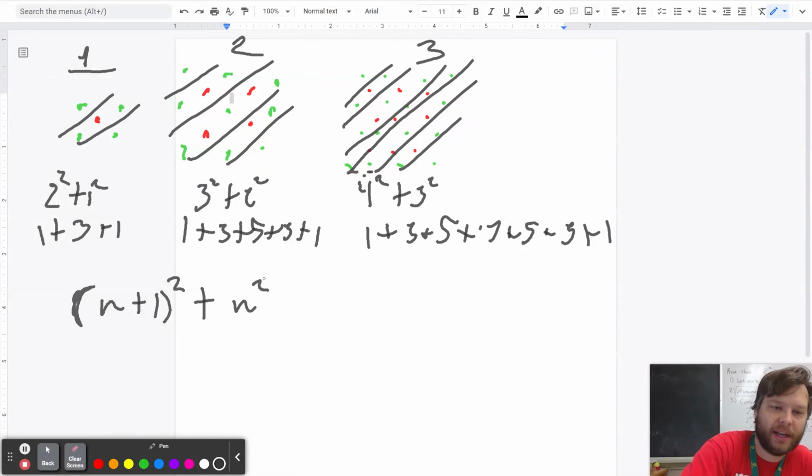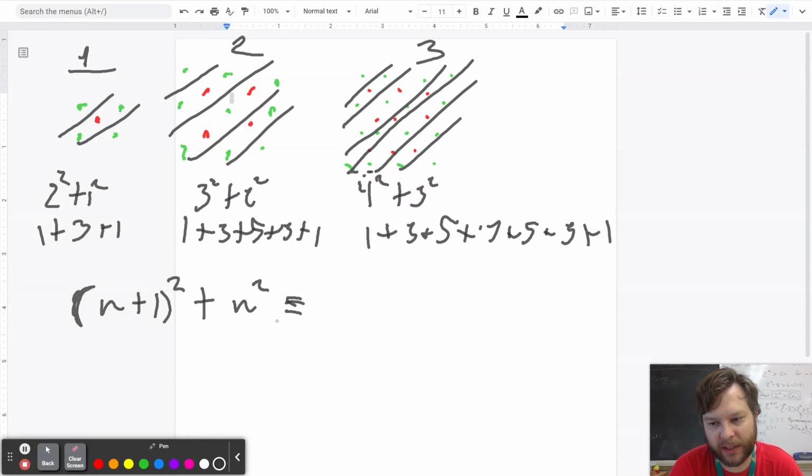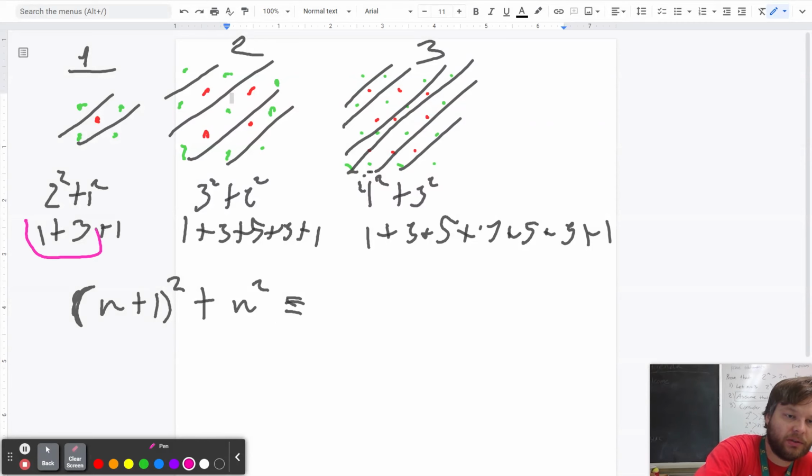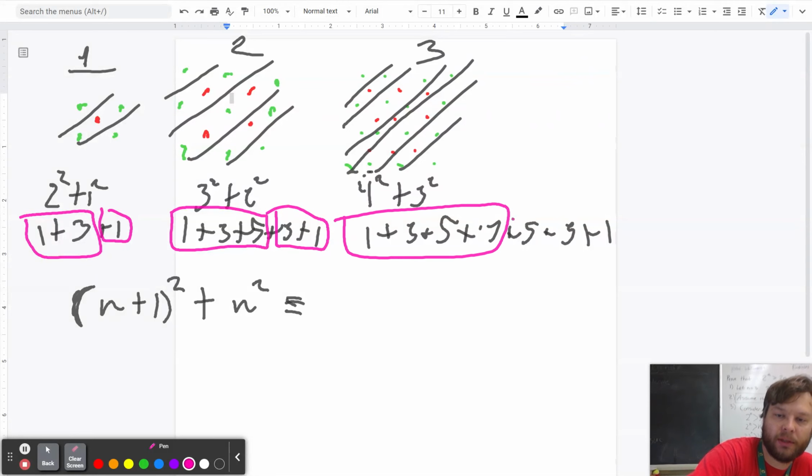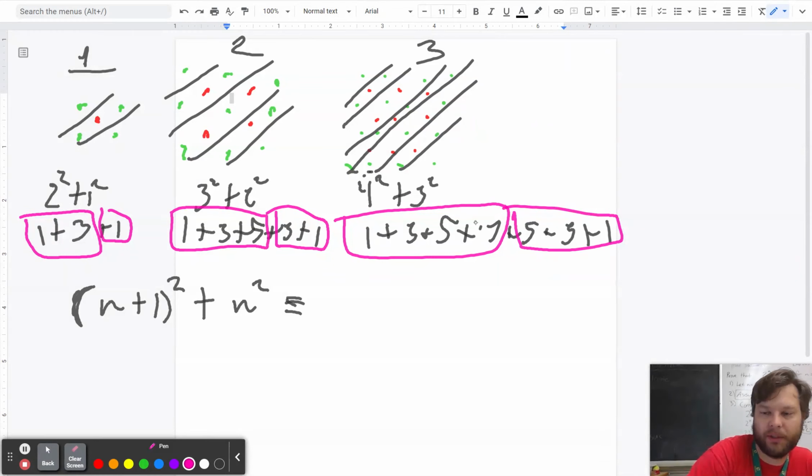And if I look at it as odd numbers, I have the first n odd numbers plus the first n plus 1 odd numbers. So if you think about it here, I'll use a different color. Here are the first two odd numbers. Here's the first odd number. Here's the first three odd numbers. Here's the first two odd numbers. 4 odd numbers plus 3 odd numbers.